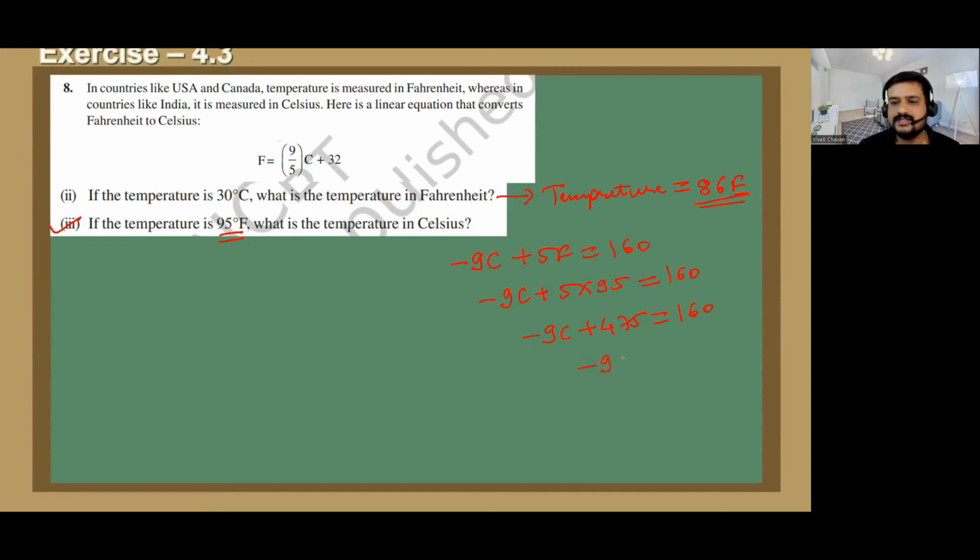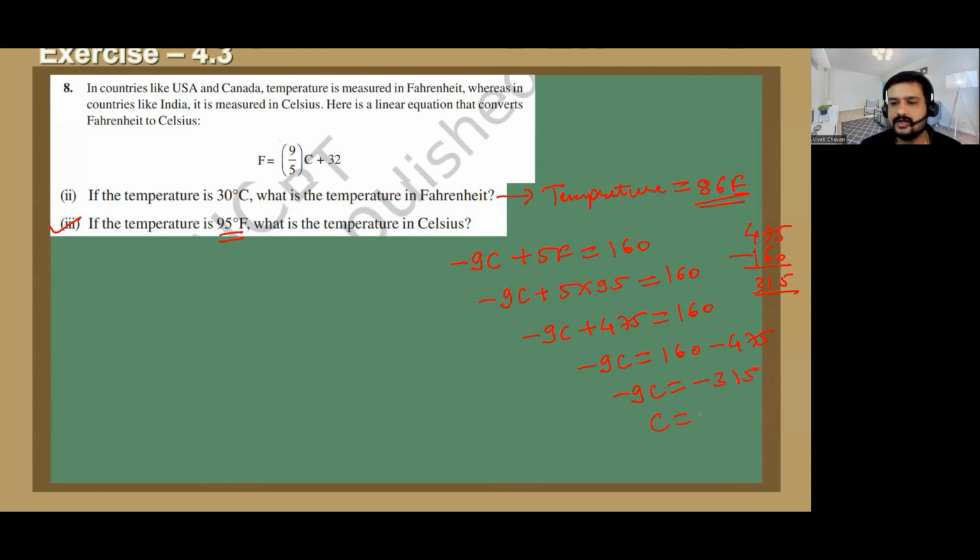So minus 9c is equal to 160 minus 475. How much does it come? 475 minus 160, so it will come 315, minus 315.